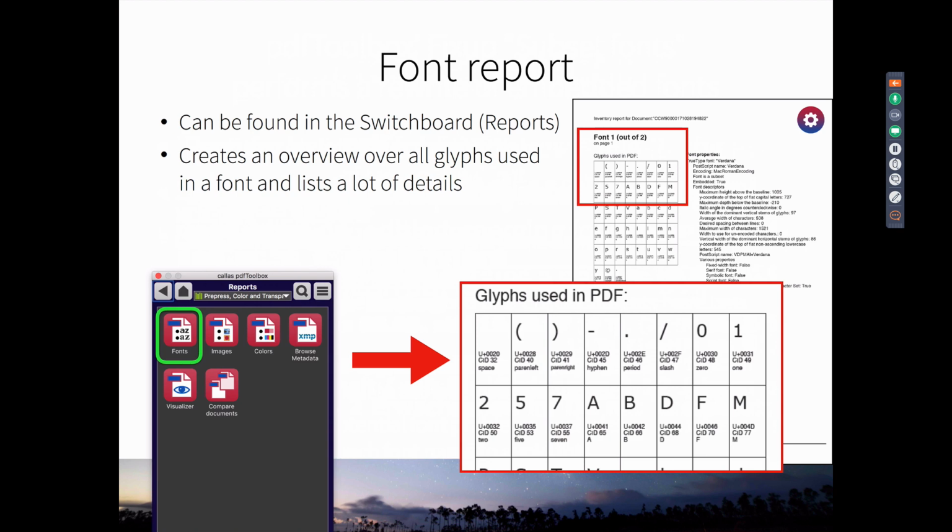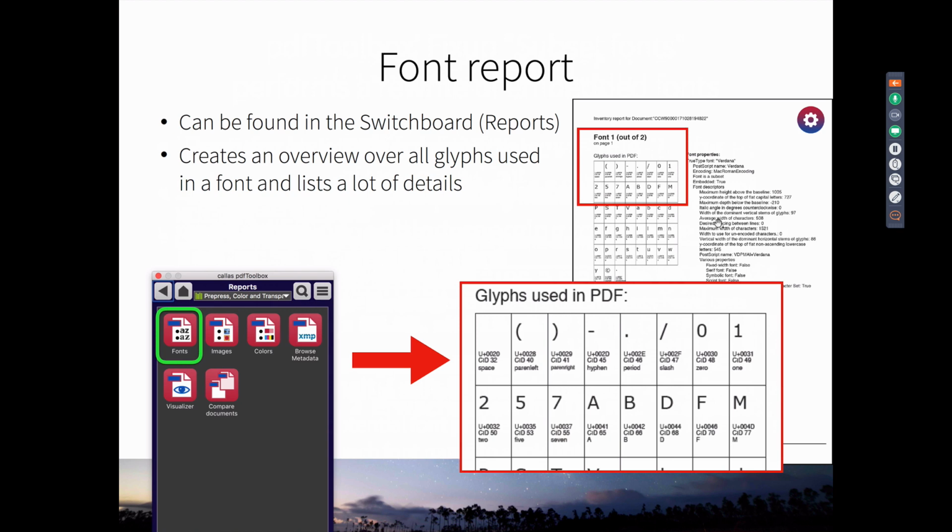And another tool, which we had before, is the font report. Here is how you can create it. In a switchboard you have a section Report, and there you have Fonts, and that would create a font report.